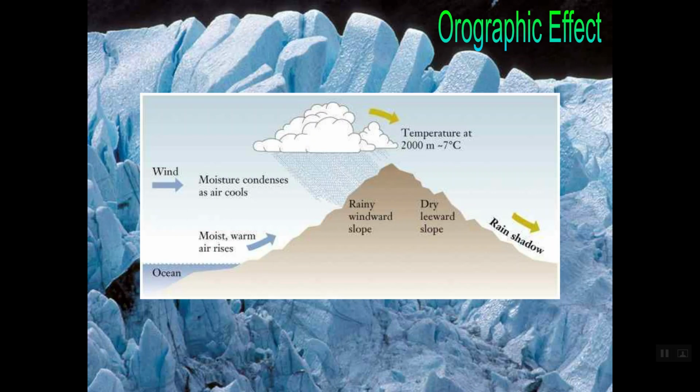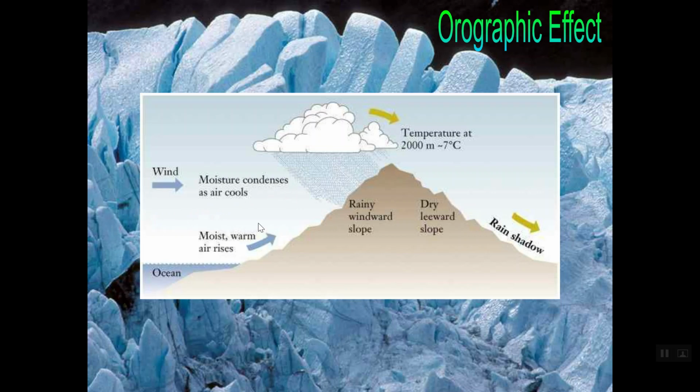Another climate factor is called the orographic effect. This is another thing that we see in Hawaii quite commonly, in islands, but also in other areas. If you have a ridge of mountains, and the global wind patterns are as shown here, for example blowing from the west to the east, they are pulling in moist air.